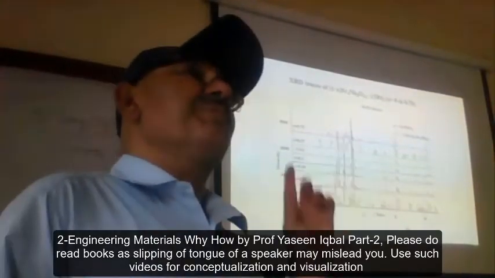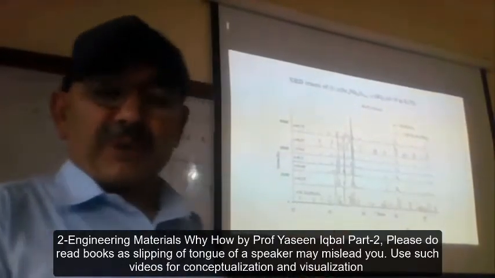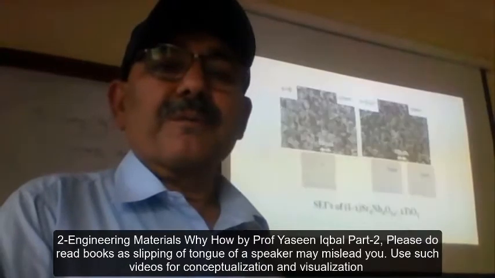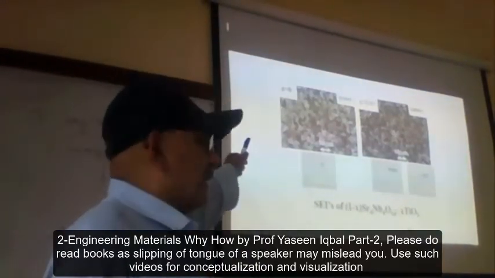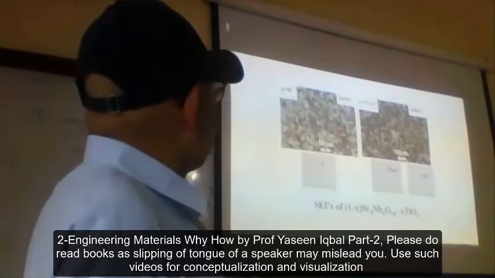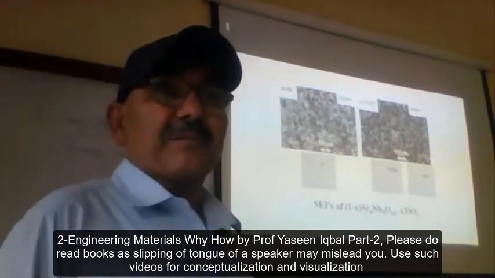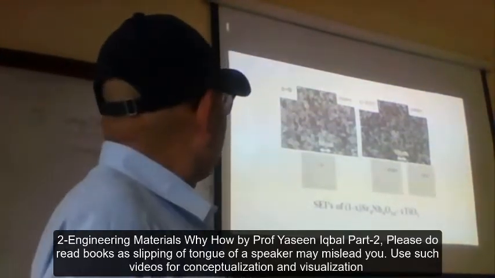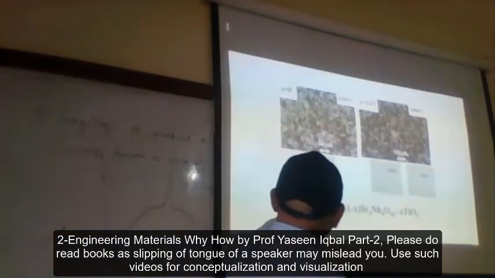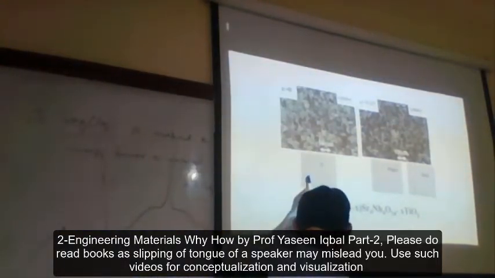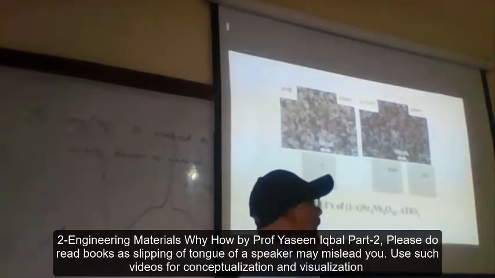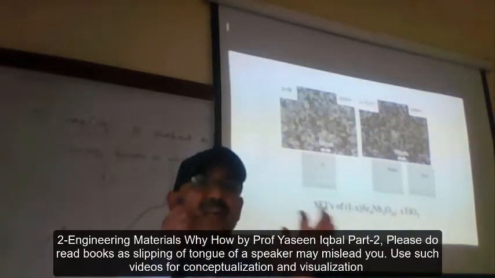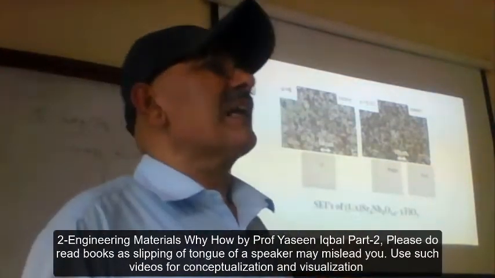So the material became two phase, but you will be surprised to know this: the left hand side is the single phase material, with strontium and niobium alone. I checked individual grains.